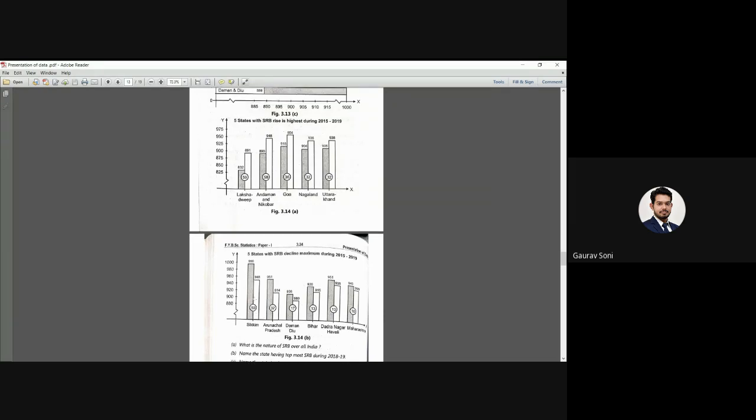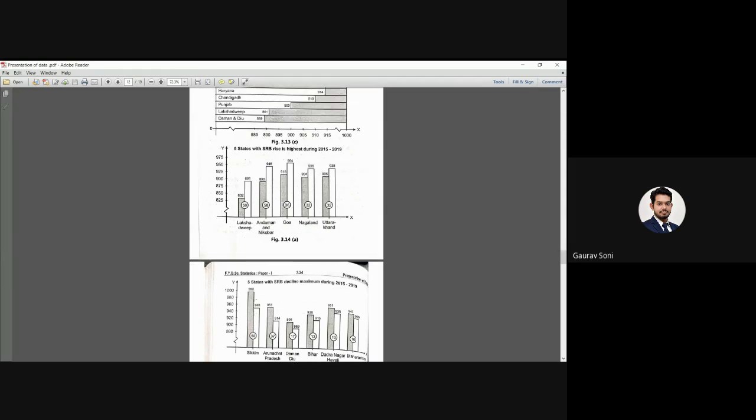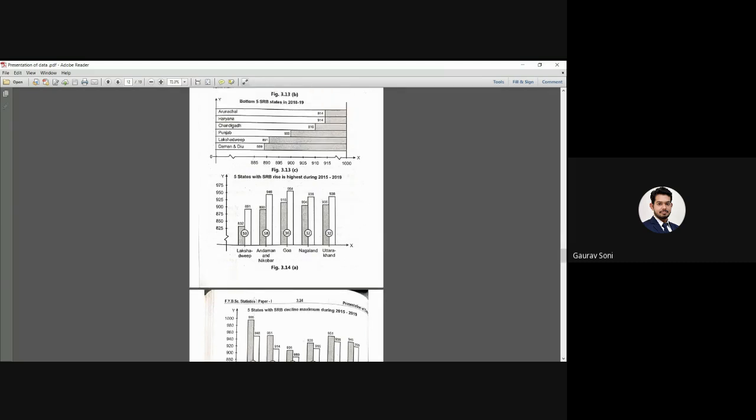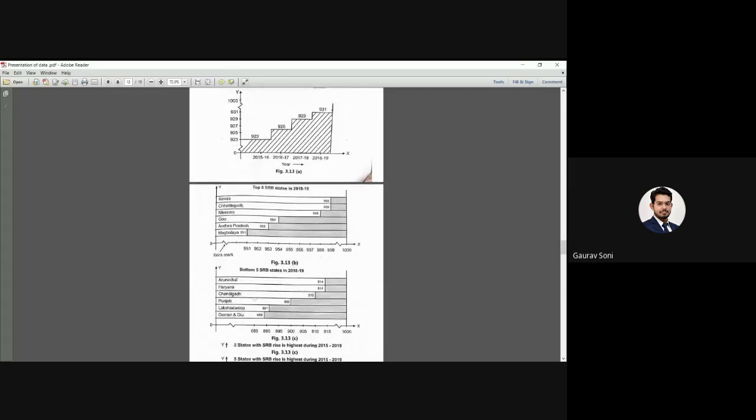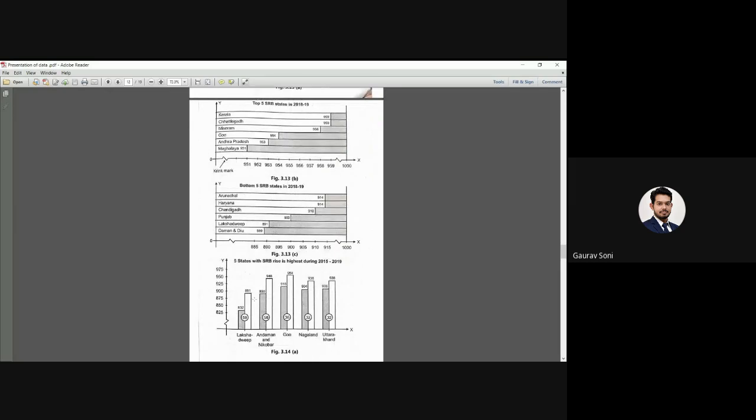Now the next question is, which state is progressive as far as SRB is concerned? You have seen all the charts now. What can you say? Yes, anyone?